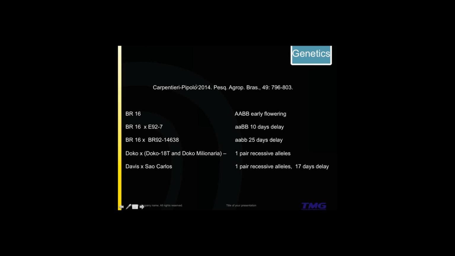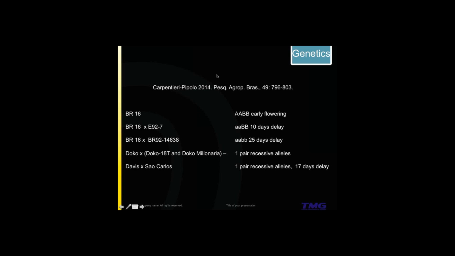It's Carpentieri and colleagues, probably the person here in Brazil who studied this the most in the past. This work was done when she started as a graduate student with Romeu Kiel, back when Romeu Kiel was at Embrapa, in the late 90s and early 2000s.